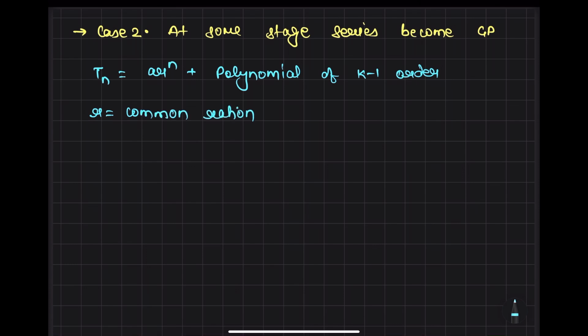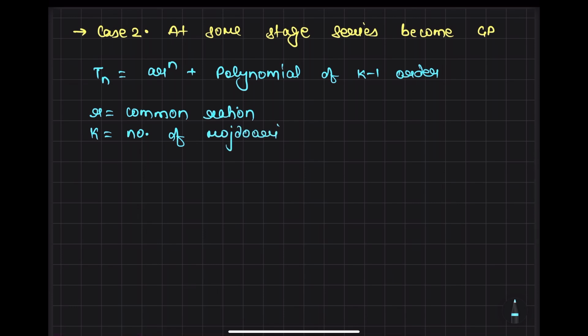Since you are writing the formula in terms of n, you will write a polynomial of order k minus 1. What is k? K is the number of steps of differences you did.